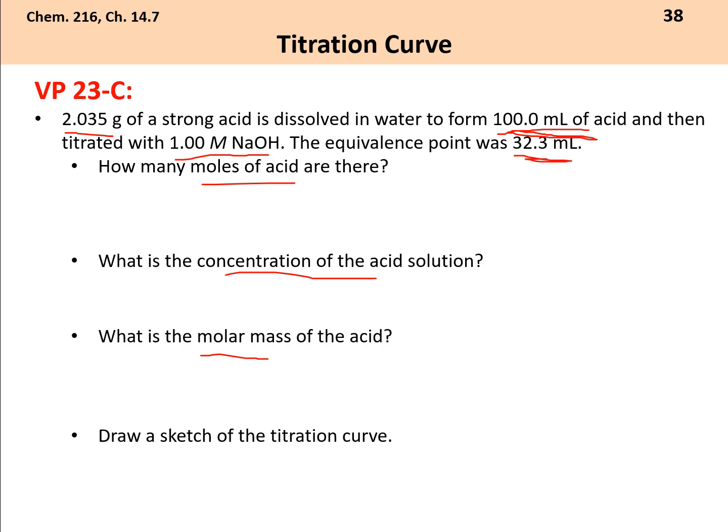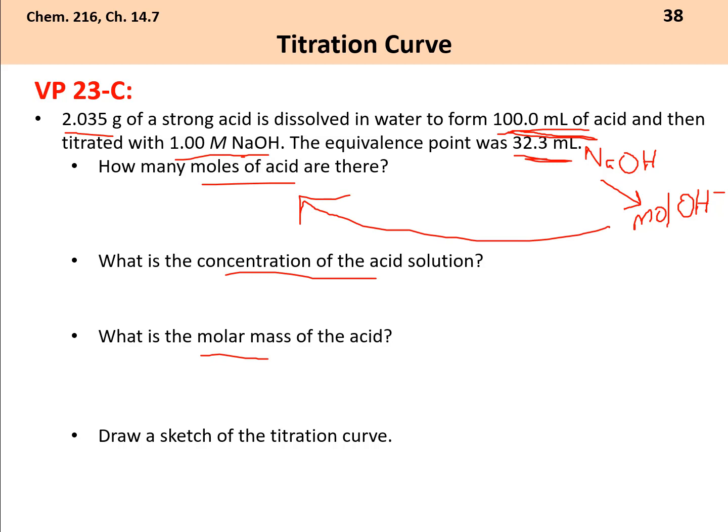Okay, one key thing is, remember, we have molar and mLs. This is going to be of my NaOH. Okay, so I can use these two to figure out the moles OH minus. And now if I know the moles of OH minus, I know the moles acid. Okay?